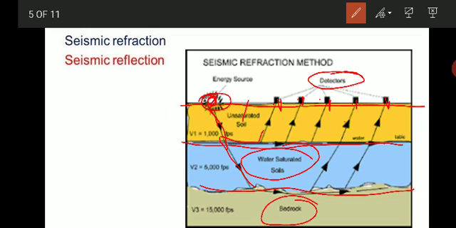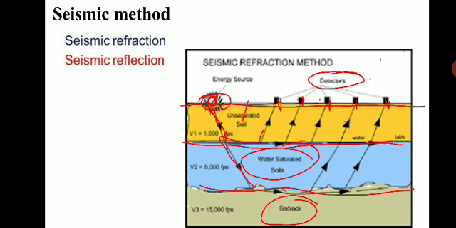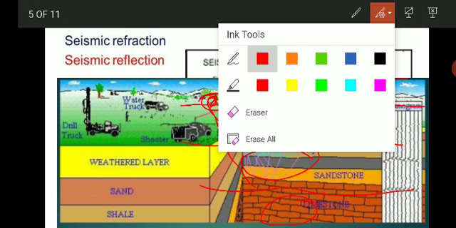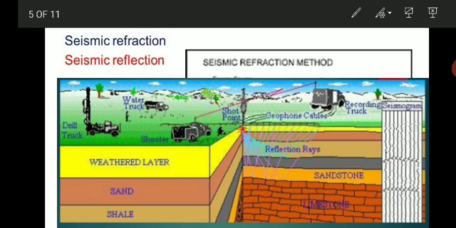Before going to the curve, I'll show you one more image wherein you can see how the test is performed. Here in this image you can see the drill truck, then the shooter, which will shoot.